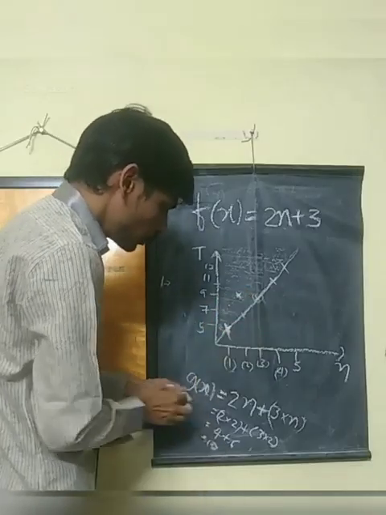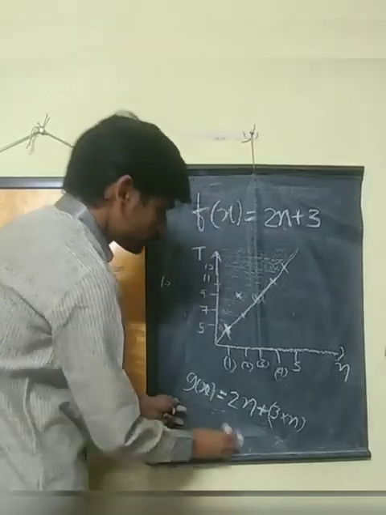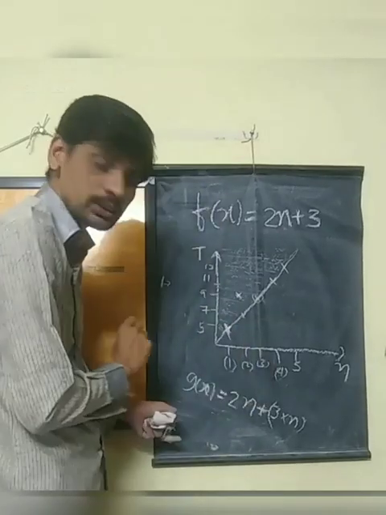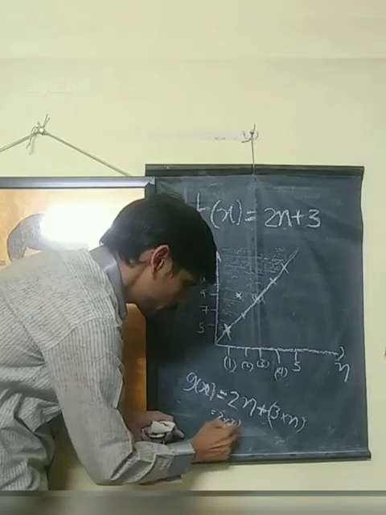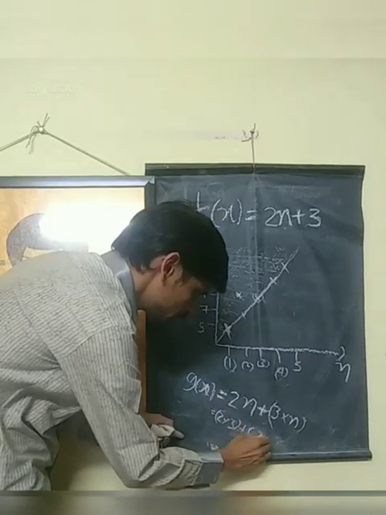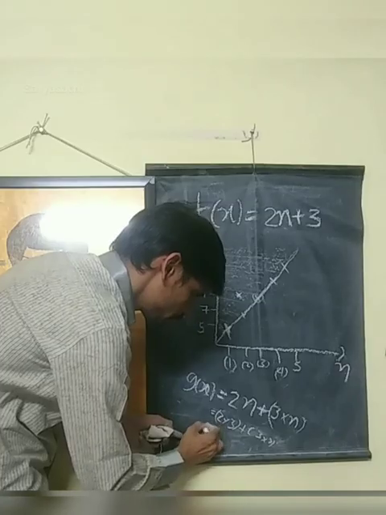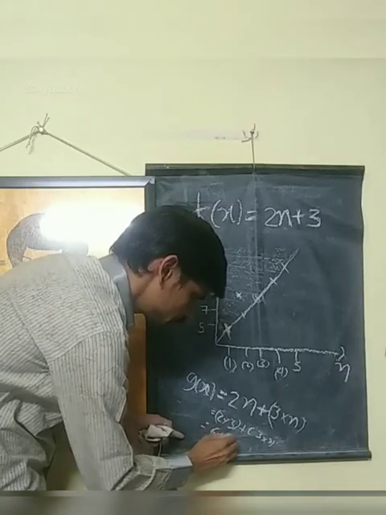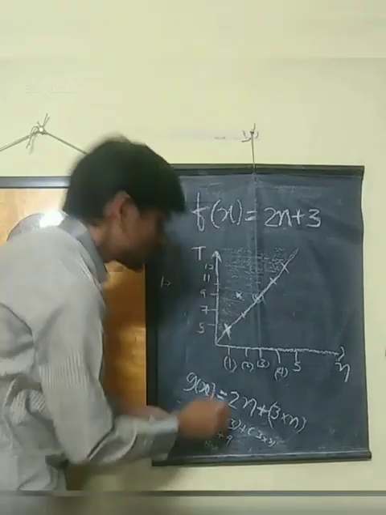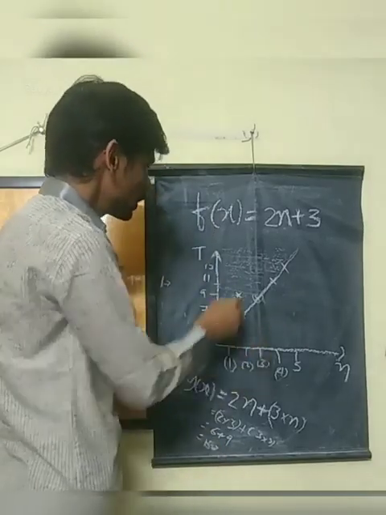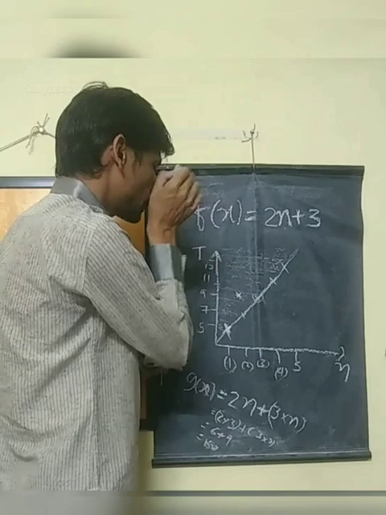Okay. So now we will pass 3 here for g of x. 2 multiplied by 3 plus 3 multiplied by 3. 2 multiplied by 3 is 6, 3 multiplied by 3 is 9, equals 15. So for 3 I got 15.